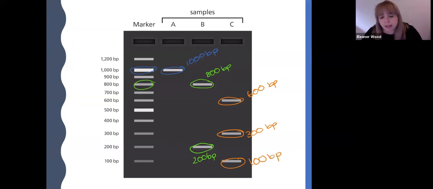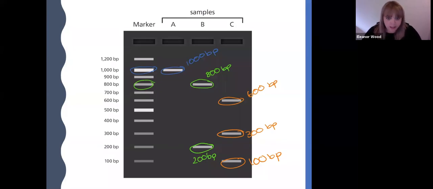Now, do you notice anything about these three samples? I'm hoping that you've come up with the fact that every well adds up to 1,000 base pairs.